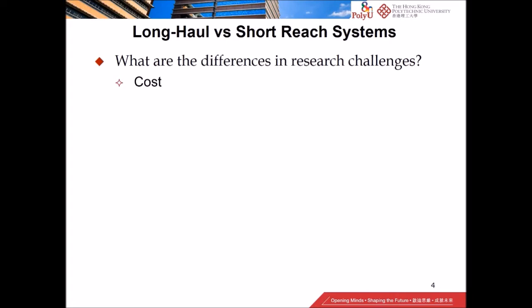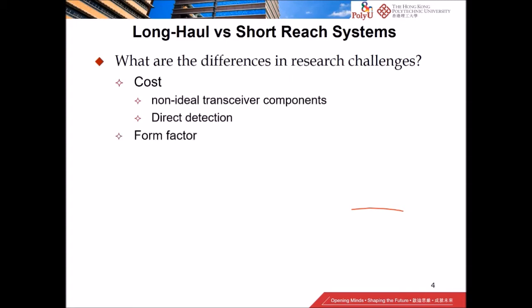But for short reach, the cost constraint is a lot bigger than for long-haul transceivers. So that translates into the following. For example, you wouldn't be able to use the ideal transceiver components that you use in long-haul systems, okay? And a lot of times that actually means you cannot have a local oscillator, meaning you need to have direct detection.